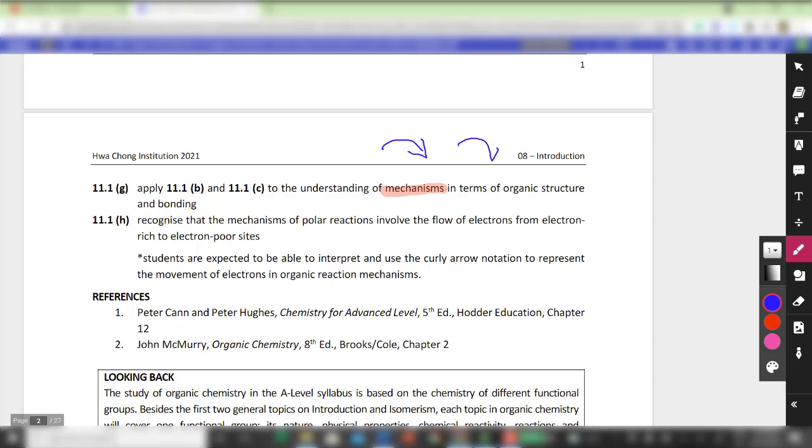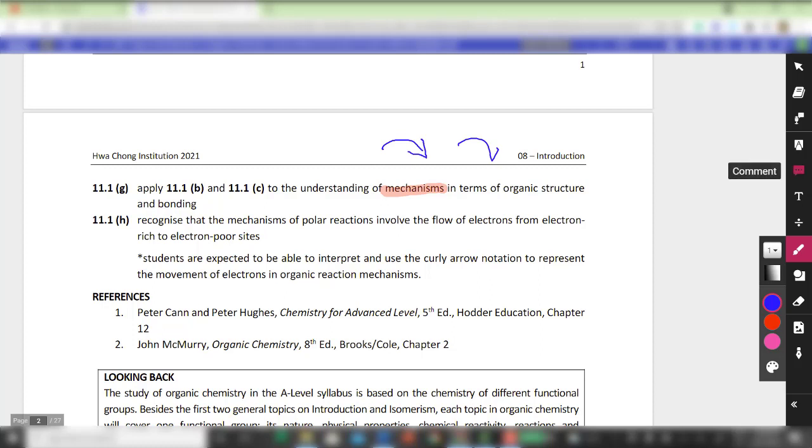You need to get used to how to draw these arrows when the time comes, especially when you are required to learn the 5 mechanisms in your H2 curriculum.